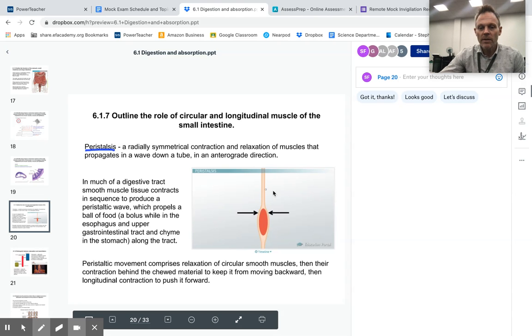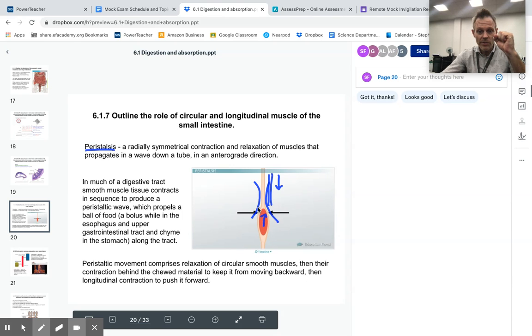If you look at this image and think of the layer of longitudinal muscles on the outside, they contract in this way to slowly push food down. Maybe they're contracted here to push the food down this way. Then the circular muscles act like a sphincter, closing real tight so the food can't go in the opposite direction.